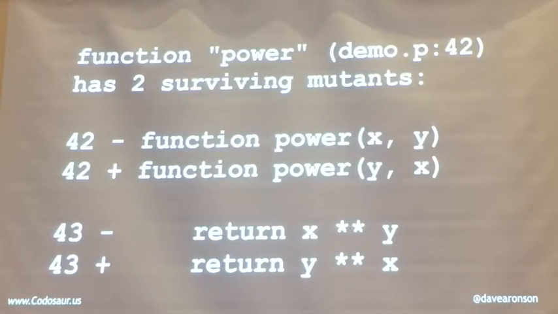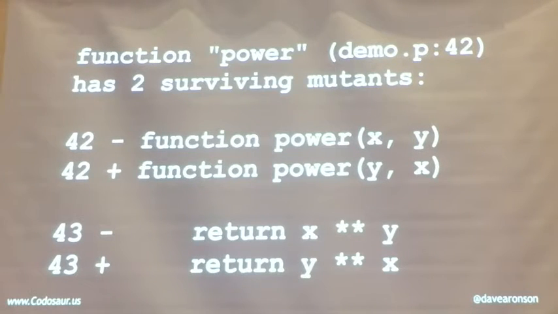And we see that we have indeed killed both the plus mutant and the times mutant. But both of the argument swapping mutants are still with us. How is this happening? Well, because of the way powers work, 2 to the 4th is the same as 4 to the 2.